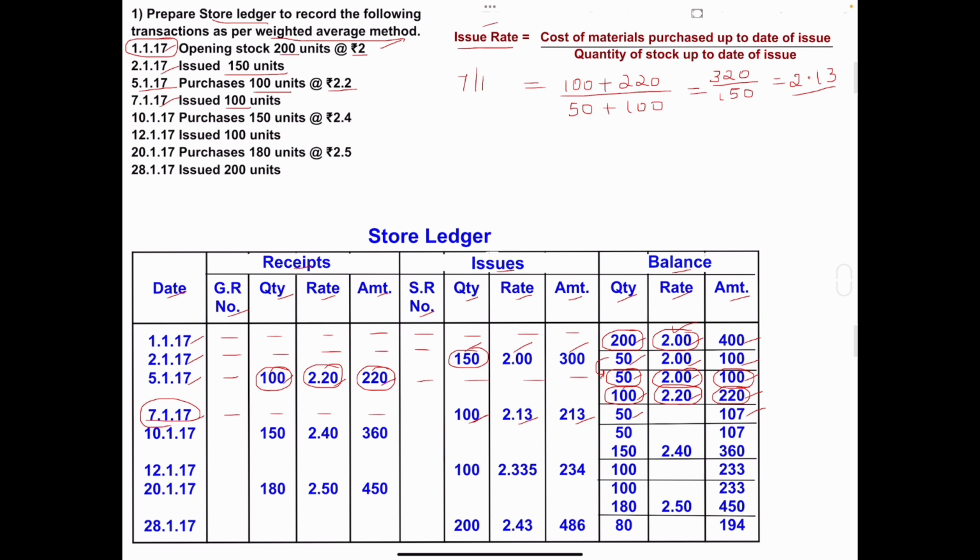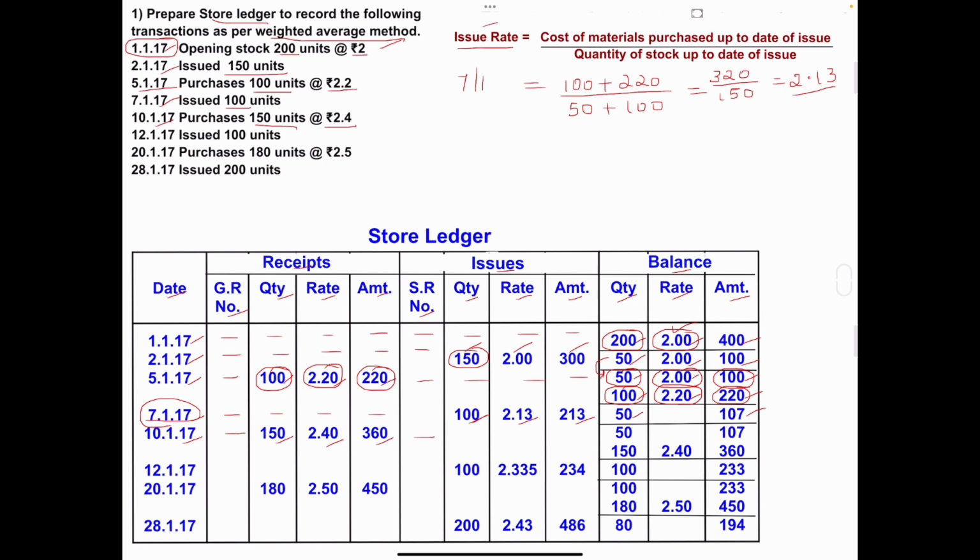Next transaction is on 10th January 2017. Purchased 150 units at rupees 2.40. Write in the solution 10th January. Receipts column, number of units, quantity is 150. Rate per unit 2.40. 150 into 2.40, answer is 360.